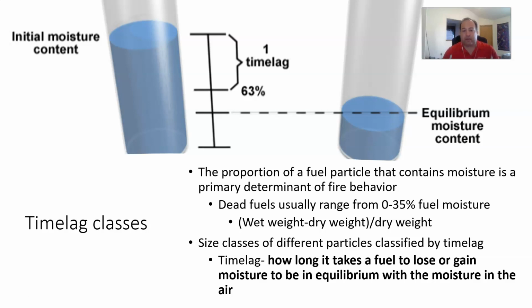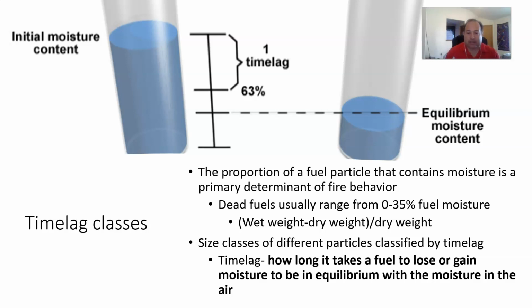Dead fuels usually range from 0 to 35% fuel moisture. For that perennial plant that we just looked at before, it said anything below 60% is problematic. That's where it starts to really become problematic, but still alive. If it was 35% or below, it'd be a dead fuel, ready to burn.